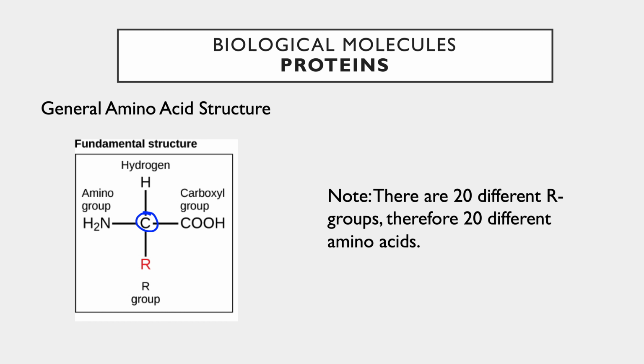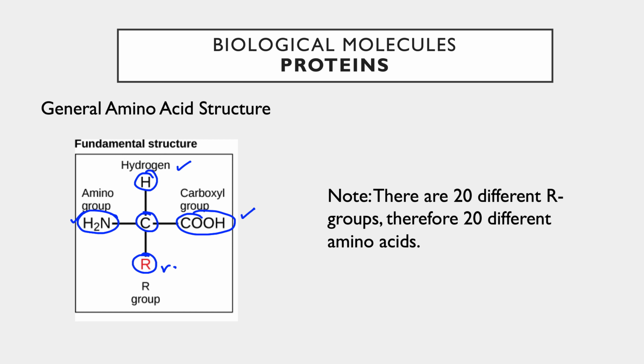One of them being an amino group, a hydrogen, a carboxyl group, and what we call an R group. All amino acids have the same first 3 components: the amino, hydrogen, and carboxyl groups. And the R group changes from amino acid to amino acid.